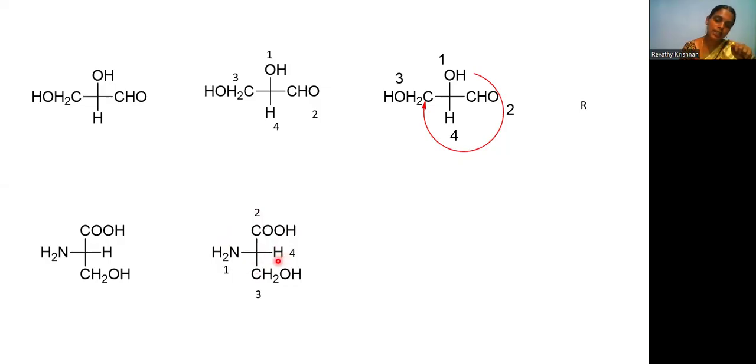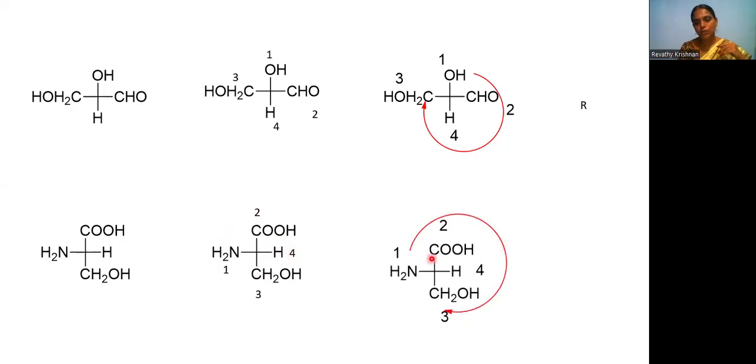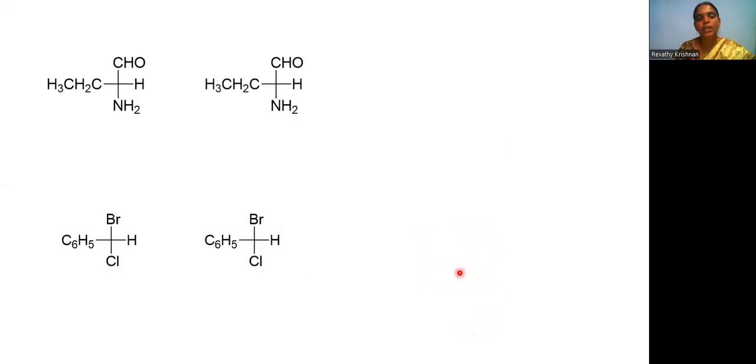But in this case, the lowest priority group is in the horizontal line. So even though it is found to be clockwise, we are expecting the R configuration, but it isn't like that. It is an S configuration due to the presence of the lower priority group in the horizontal line. So we have to give the opposite configuration.